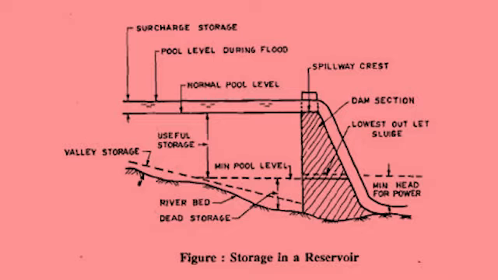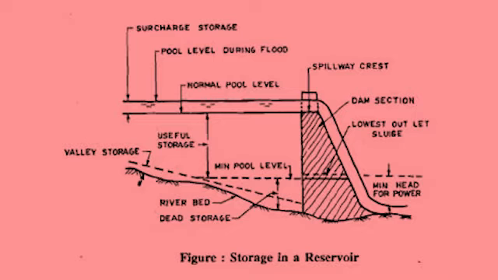Here is the upper limit, the maximum water available during floods. Then the normal water level, which is available most of the time, and the minimum pool level. Then the dead storage level is also shown in this figure.